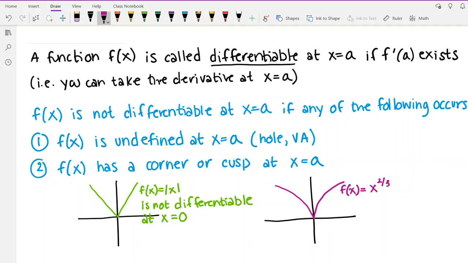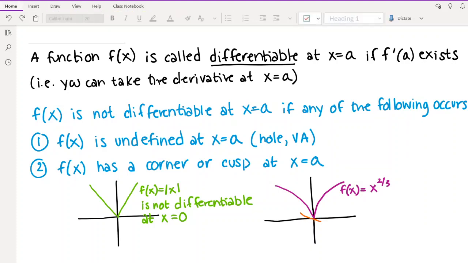So again, that would be not differentiable at this cusp at x is equal to 0, because if you tried to draw a tangent line, it just isn't clear where it would go, right? There's just too many different possibilities. Whereas if you were to go at different parts of the graph, like here, it's pretty clear what the direction of that graph is, or like here, you can kind of follow along with it.